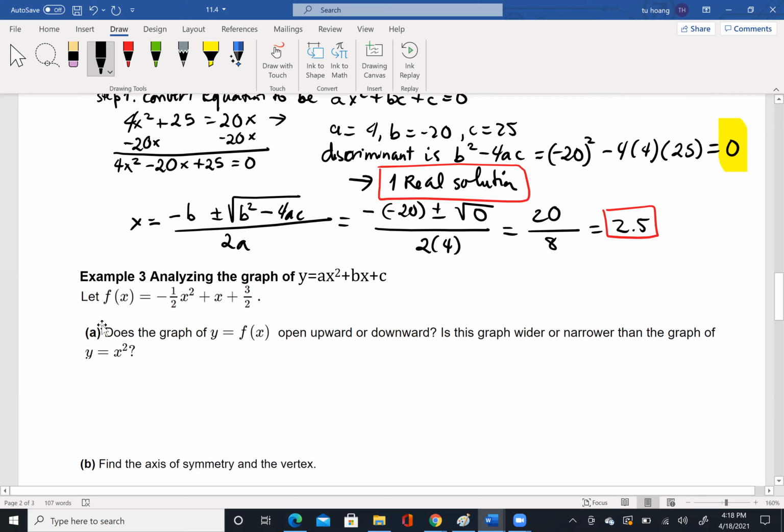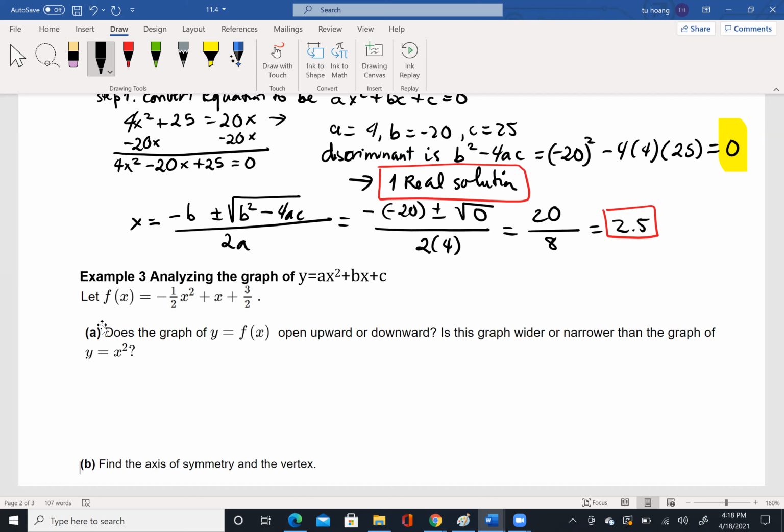This one is asking you to analyze the graph of y equal to ax squared plus bx plus c. Let f(x) equal negative 1/2 x squared plus x plus 3/2. Does the graph y equal to f(x) open upward or downward? Is this graph wider or narrower than the graph of y equal to x squared?